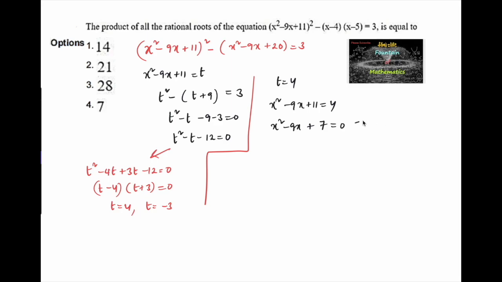And here we can say the discriminant delta is equal to b square minus 4ac for a quadratic equation ax square plus bx plus c equals 0. So here we can write negative 9 whole square minus 4 into 1 into 7, that is 81 minus 28, which is equal to 53, not a perfect square.